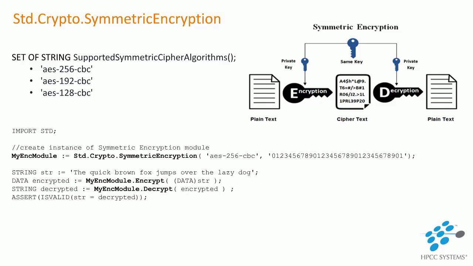There's a method you can call to get the supported algorithms, and in this case we support 3, AES 128, 192, and 256. The difference between all these algorithms, as you might guess, is the speed at which they compute the encrypted data, and also the complexity of how hard it is to crack it. So as before, you import your standard library, and then you define a symmetric encryption module.